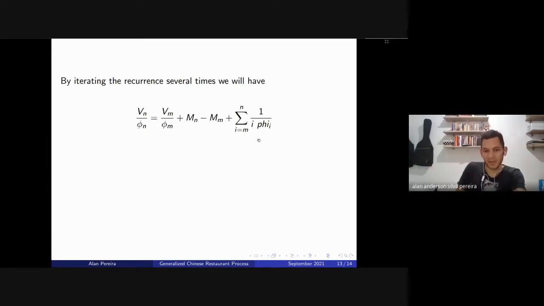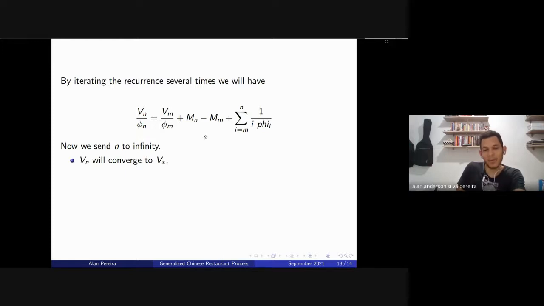Summarizing, we have this expression. Here we have Vn as a function of a time before, plus a martingale, plus a numeric part that converges. When we send n to infinity, Vn over phi n will converge to V star. This part we want to stay fixed, and this part is only real analysis because it is a numerical part that converges.